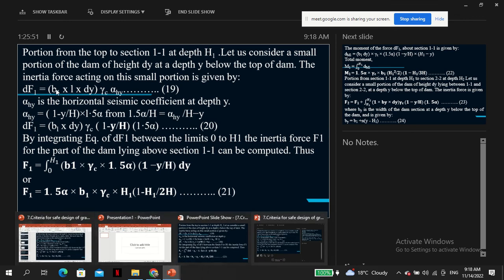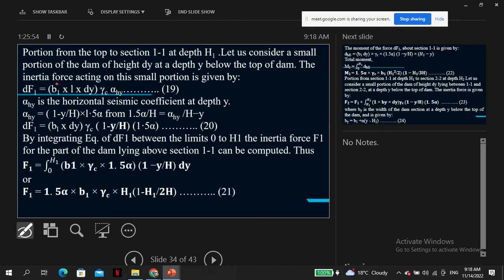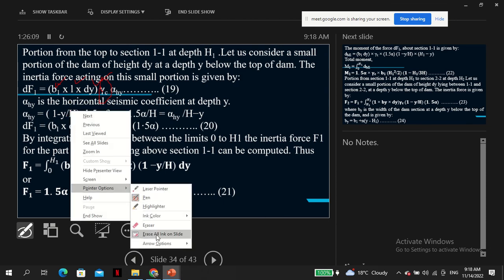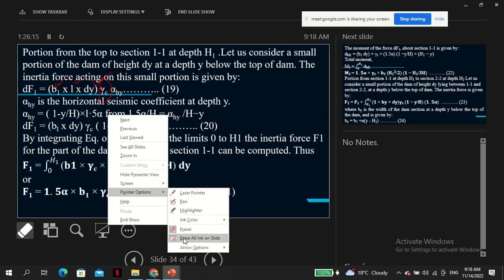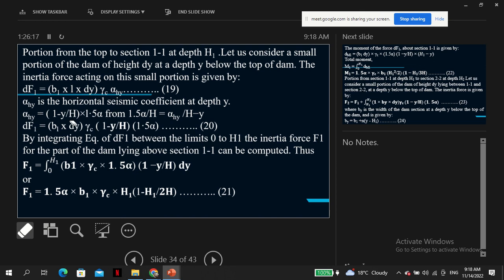So this is kind of the volume: length times width times height, times the unit weight of concrete, and of course times the coefficient. So alpha hy is the horizontal seismic coefficient at depth y, right? So that's what to do.